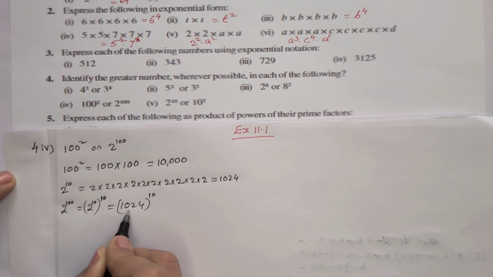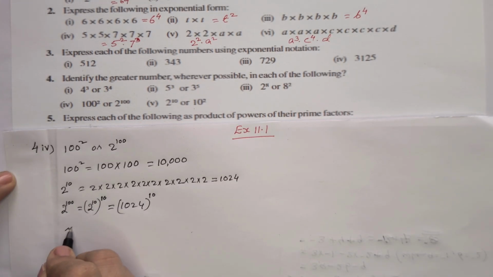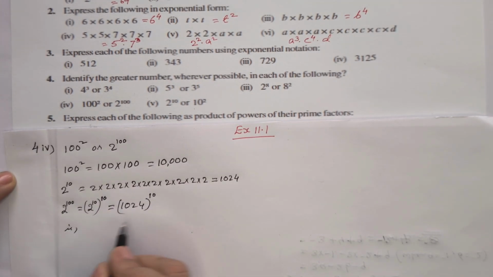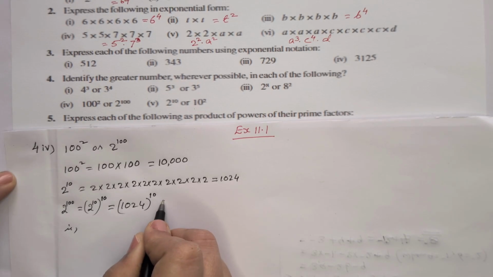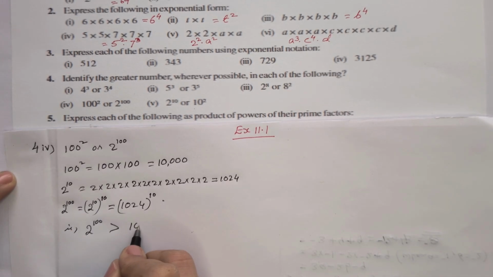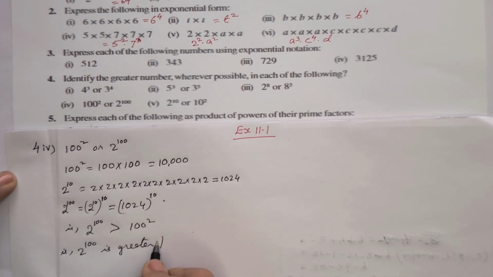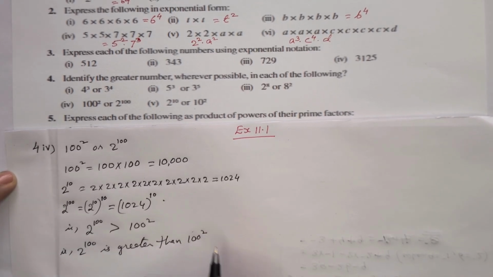When we compare, multiplying 1024 ten times will anyway be greater than 10,000. So 2 raised to 100 is greater than 100 square.